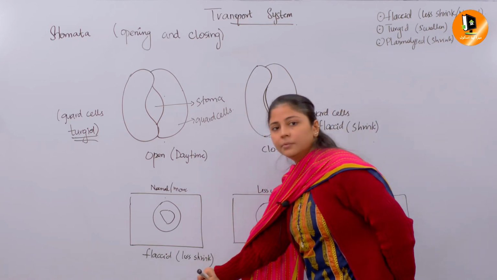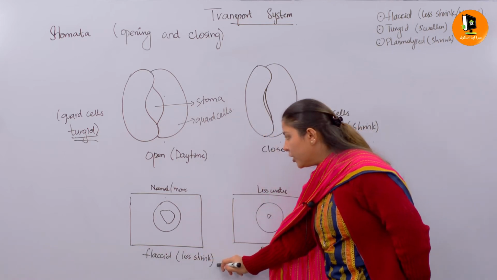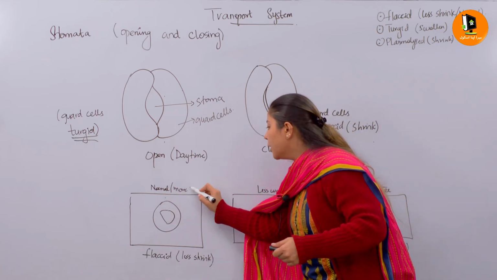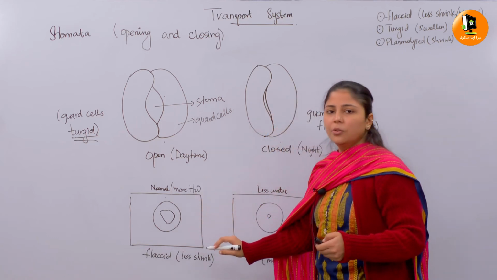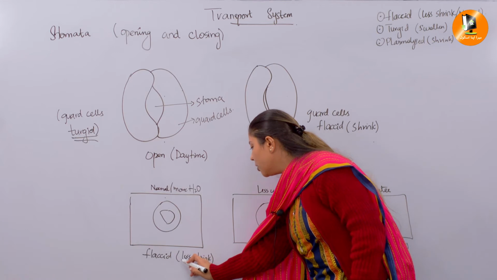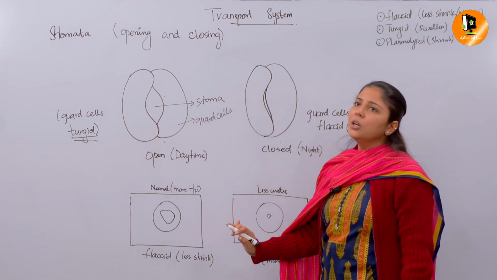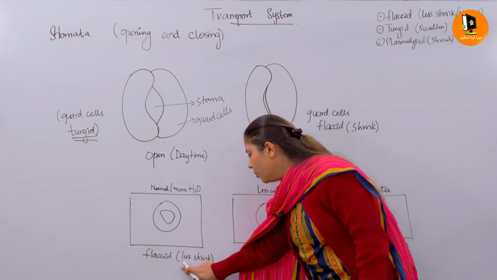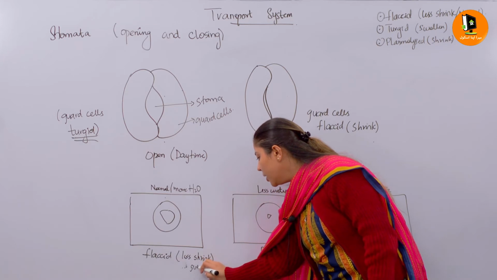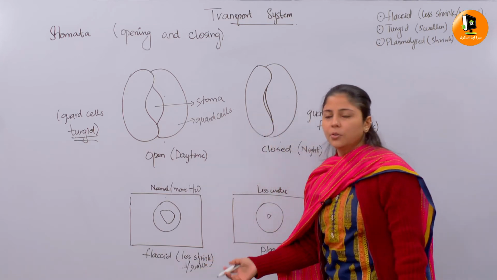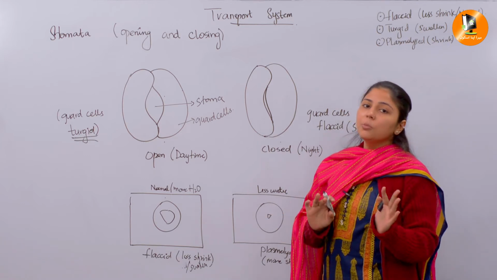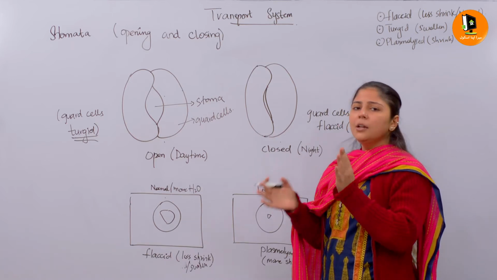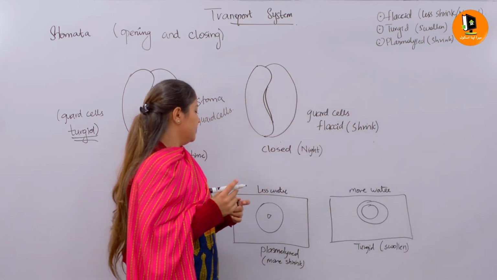The flaccid one, again, is less shrunk, but you can say a normal one, or not as such swollen. In the normal condition, the water molecule is there, no doubt, but it is less shrunk, or somehow swollen. In the middle, you can say it is an isotonic condition.